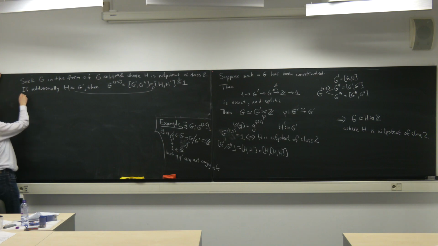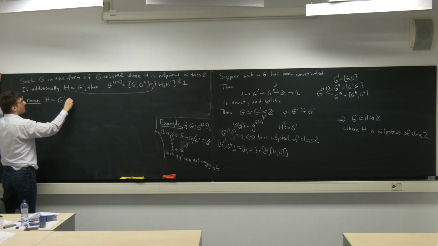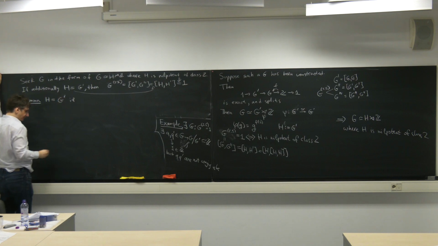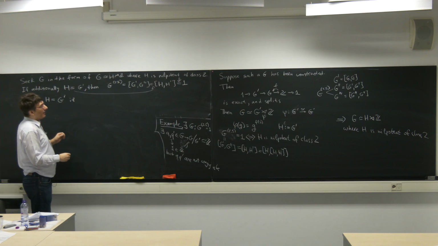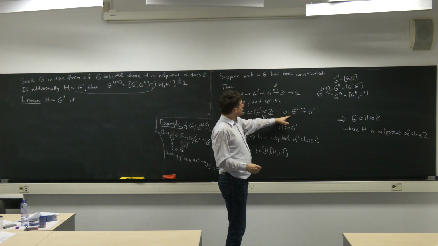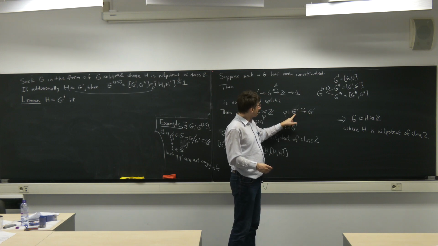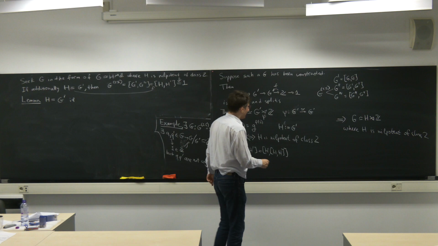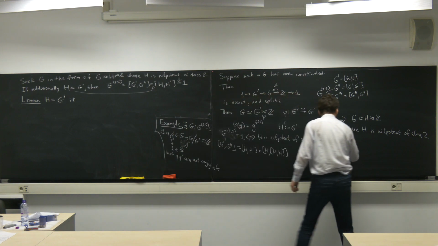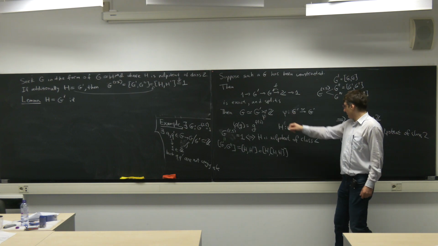So first of all, I want to prove the following lemma, that H equals G prime if... so here we had this automorphism phi of G prime, which is also an automorphism of H, because H is G prime here.